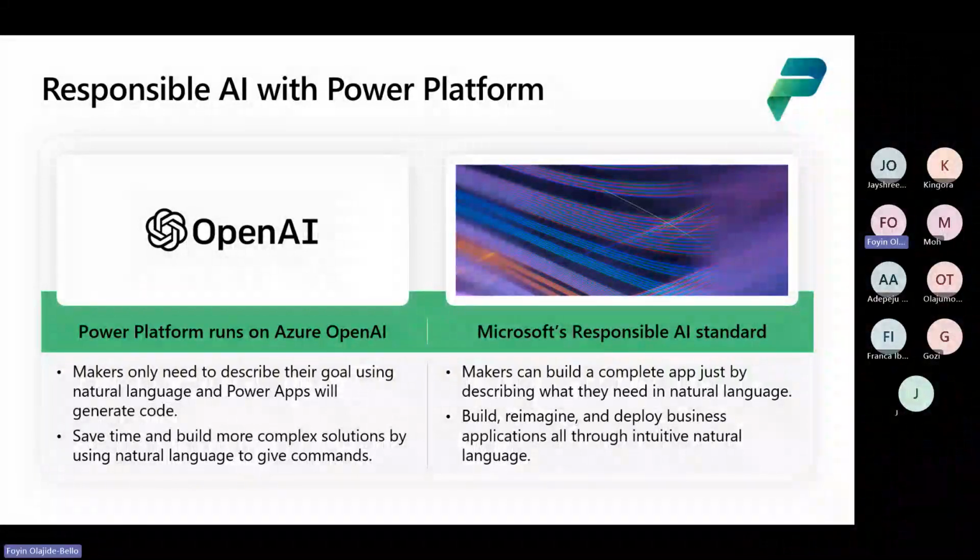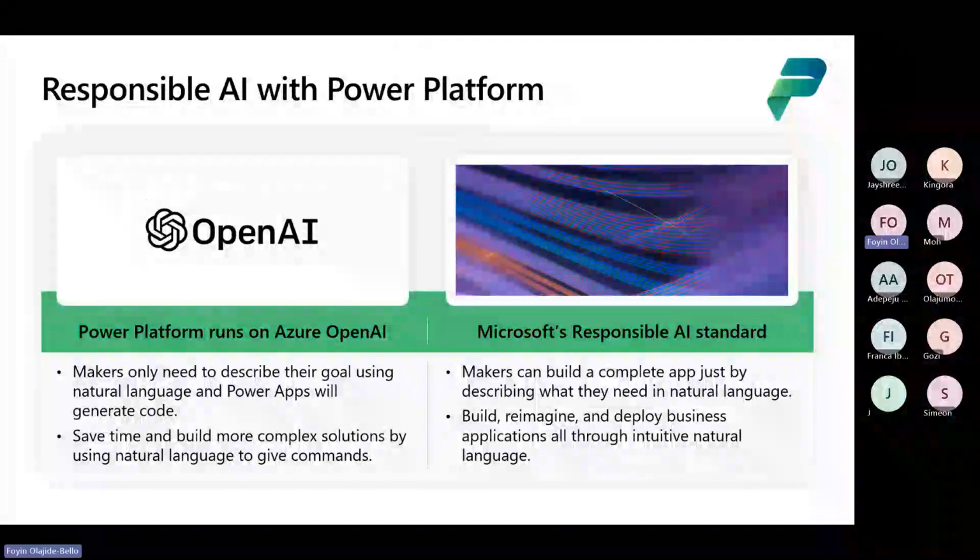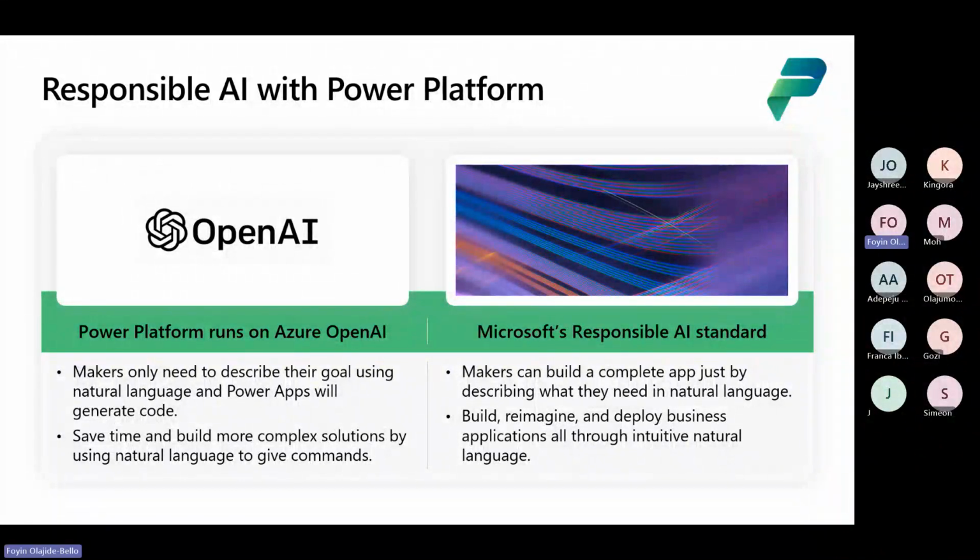And then Microsoft also ensures that Copilot in Power Platform meets Microsoft's responsible AI standard. I know some of their standards are transparency, trust, reliability. So they are telling you that whatever you are doing, this is Copilot doing it for you.